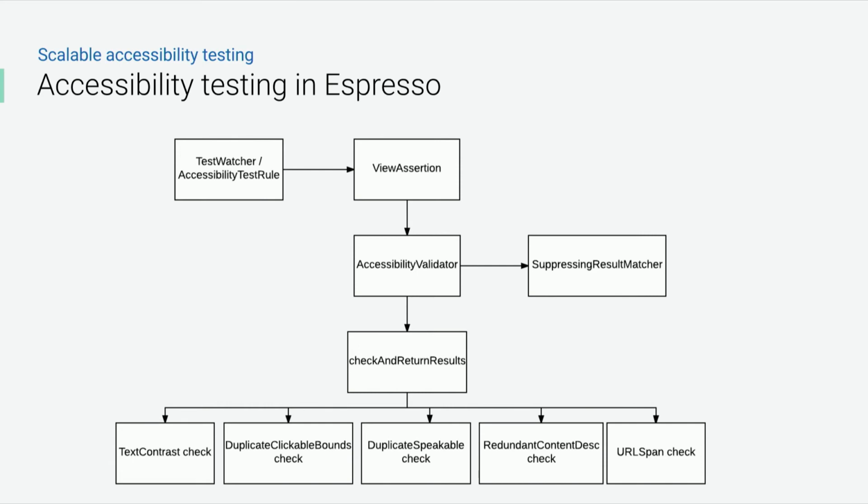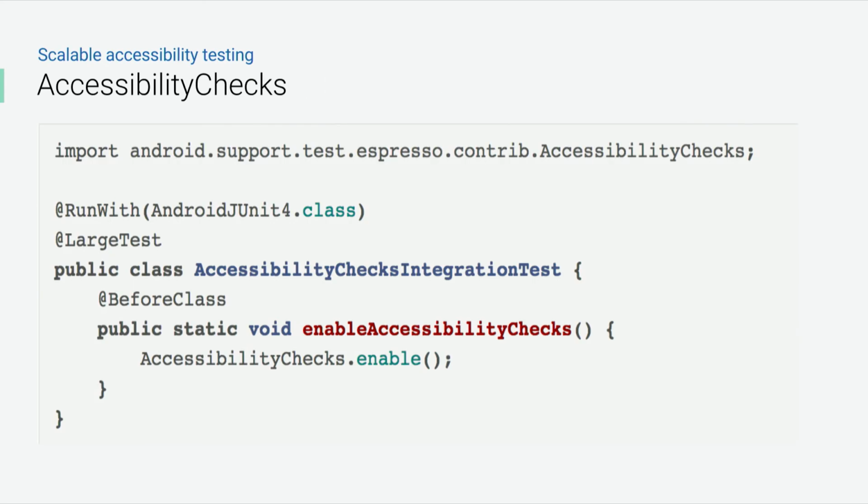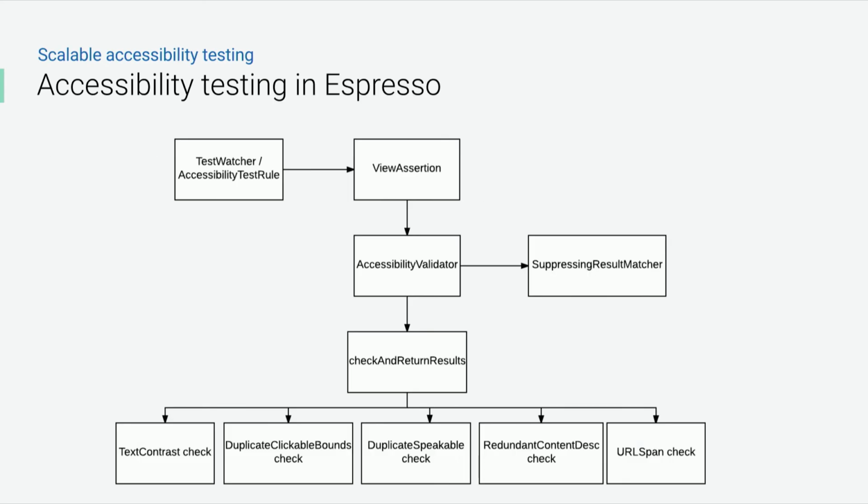In that callback, we create an instance of an object called accessibility validator, which is from a library that was added to Espresso by Google. Even the class AccessibilityChecks also uses accessibility validator under the hood.